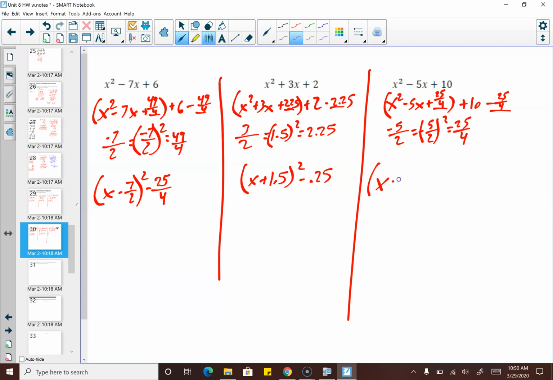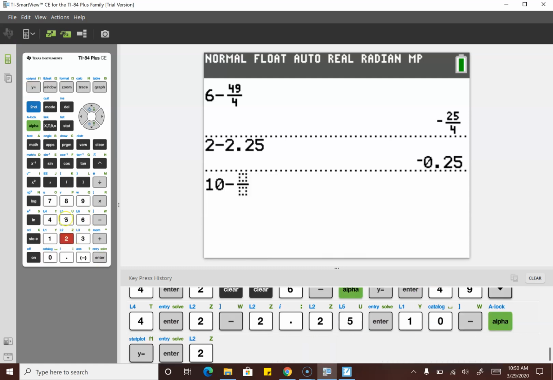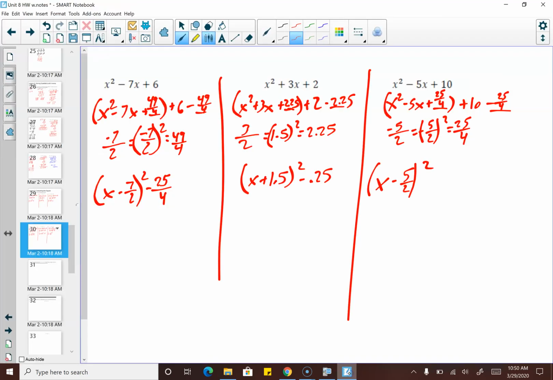So x minus 5 over 2 squared. And then we'll go to our calculator here to finish this last part off. 10 minus 25 over 4 is going to give us 15 over 4. And that's going to be a positive 15 over 4. So they are going to be our equivalent expressions through completing the square.